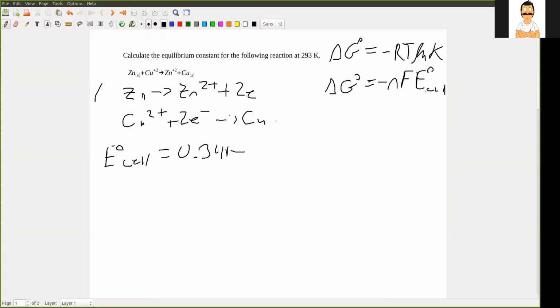This is the anode, this is the cathode, and our anode, if you look it up in the standard reduction potential table, is negative 0.76 volts. So our cell potential is 1.1 volts. So 0.34 minus negative 0.76, so 0.34 plus 0.76 gives us 1.1. Okay, so that's the first component.